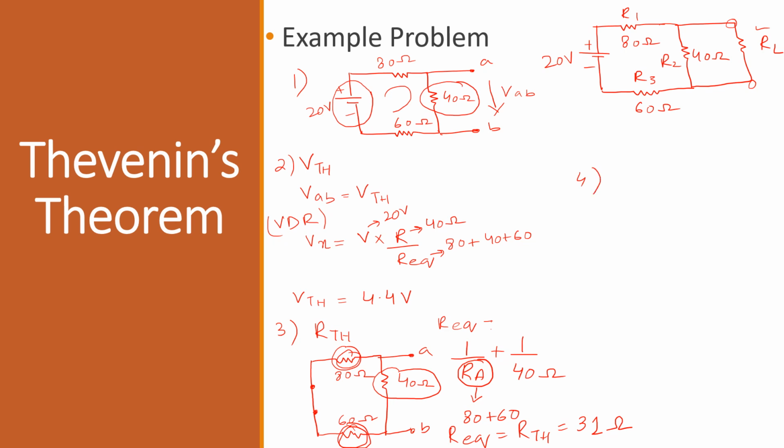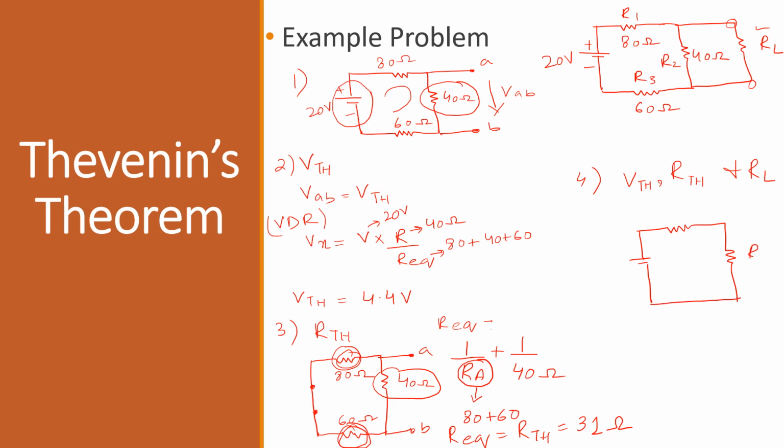Now in the fourth step, you will draw your new Thevenin equivalent circuit by plugging in VTH, RTH and the load resistor. So your circuit will be something like this.